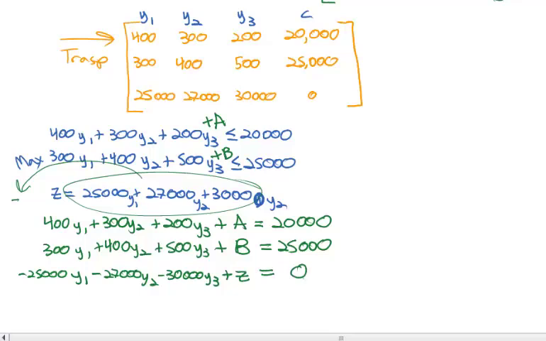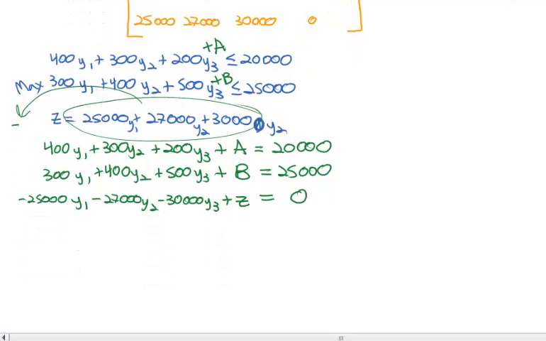We're now ready to make our simplex table, tableau, matrix, whatever you want to call it. We'll have a column for y1, y2, y3, a, b, and z, and then our constants at the end.